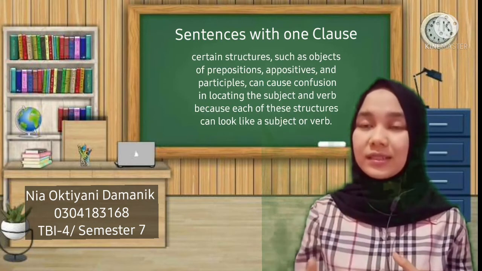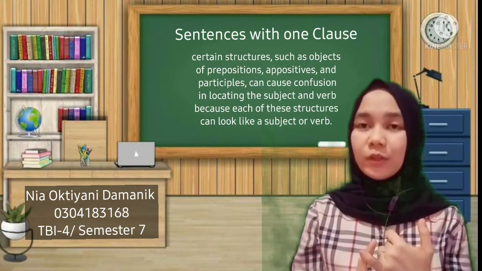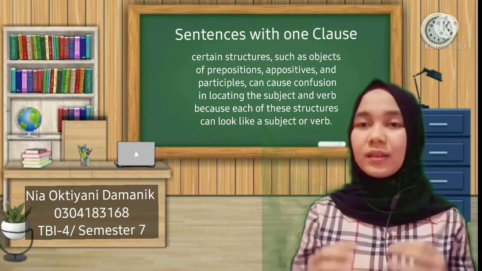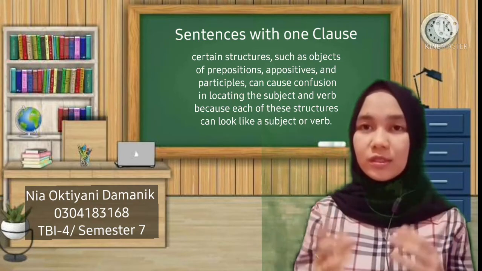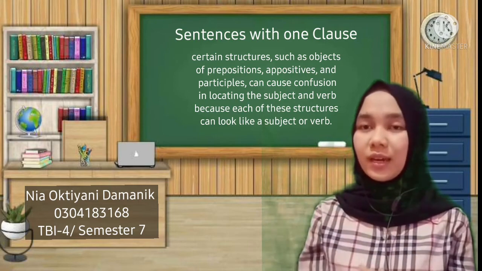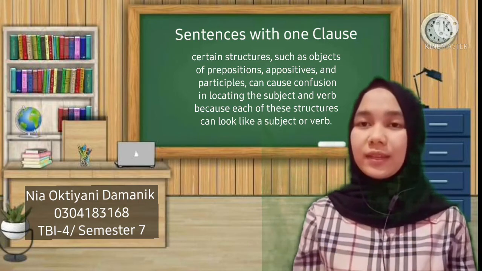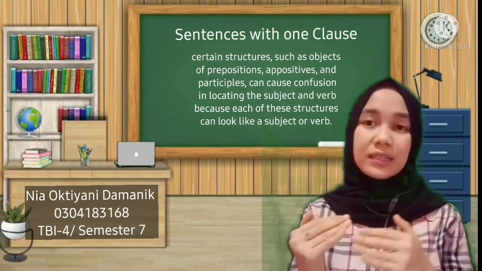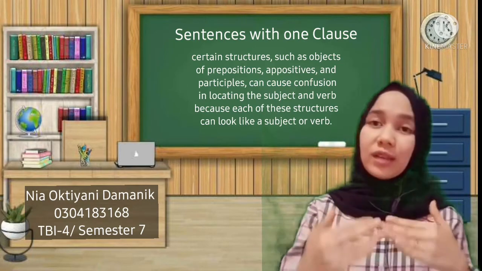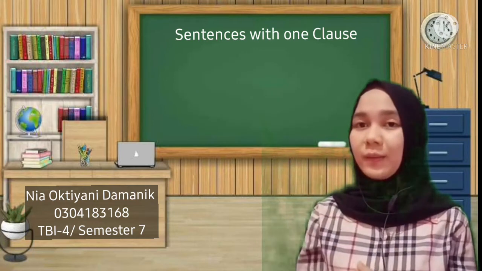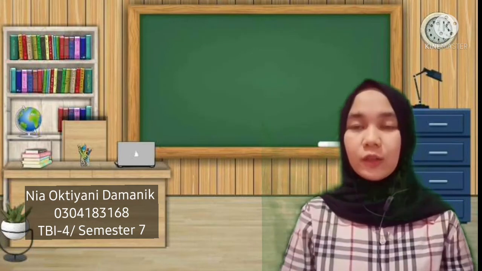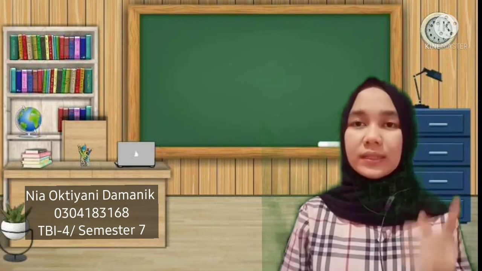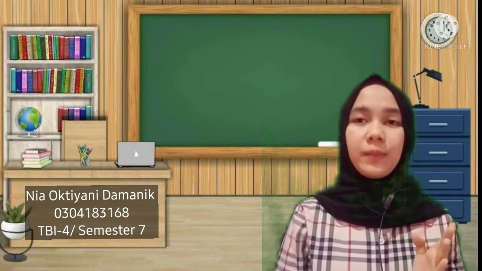Certain structures such as object of preposition, appositive, and participle can cause confusion in locating the subject or verb in a sentence, because these structures can look like a subject or object. Therefore, we should be able to do the following in a sentence with one subject and one verb.